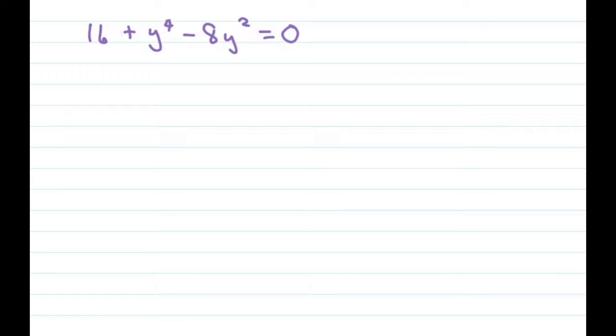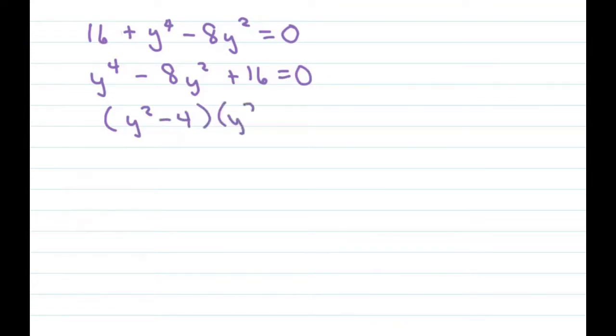I'm going to rearrange this, put it in the correct form: y to the fourth minus 8y squared plus 16 equals 0. Now we have a perfect square trinomial, and when you factor this, you get (y squared minus 4) times (y squared minus 4), which is the same as (y squared minus 4) squared.